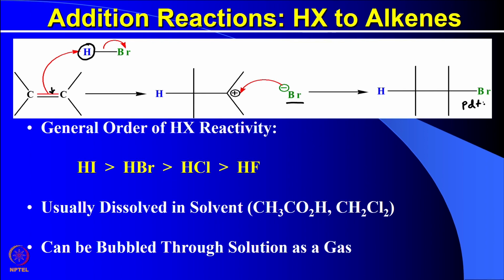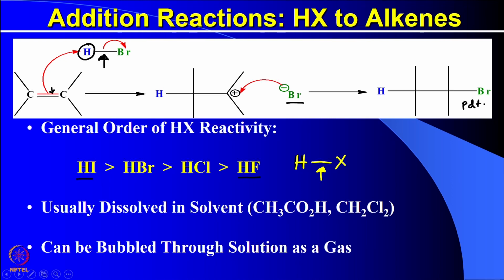addition product. So this particular reaction has a general trend of reactivity with HI being most reactive and HF being the least reactive. This reactivity order depends on the bond strength of HX. The higher the strength of this bond, the lower is the reactivity, because in this first step, the bond breaking of HX takes place.